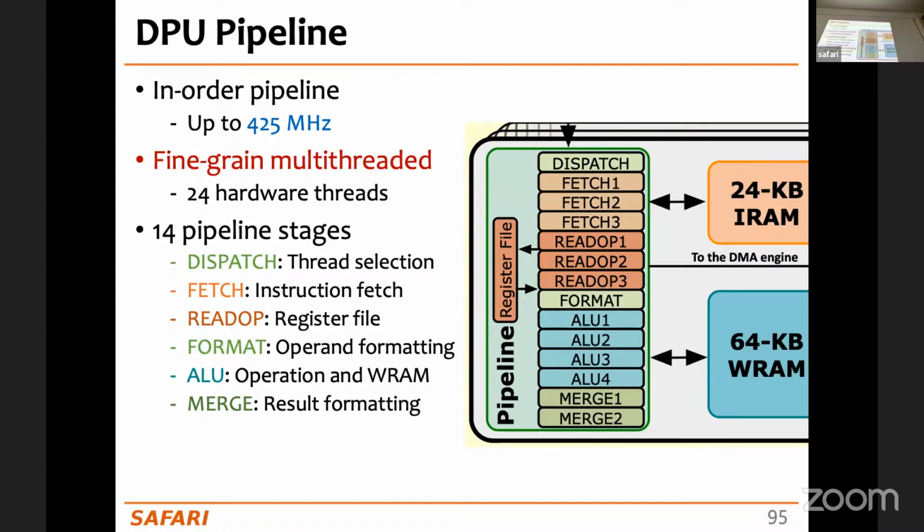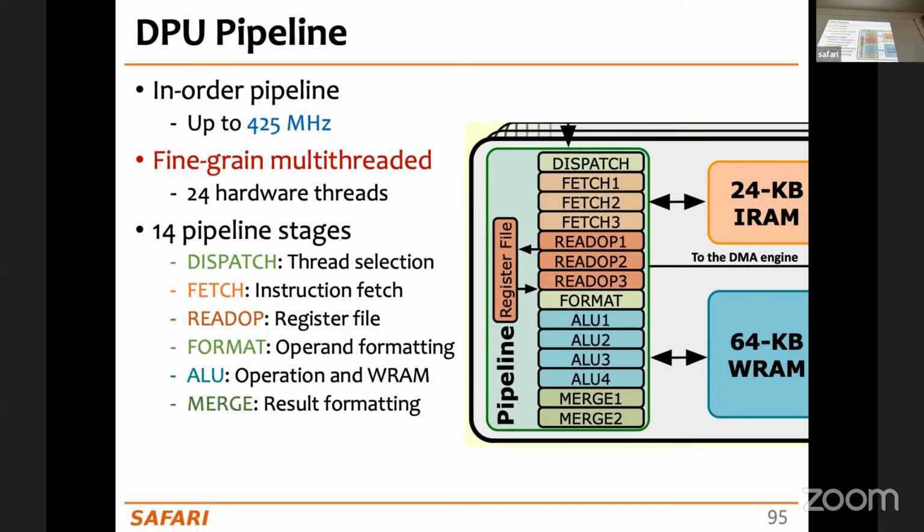And what that means is that in every single cycle, the pipeline selects a different thread and goes to a specific program counter of this thread and to the specific instruction, fetches the corresponding instruction from the IRAM and starts executing it.